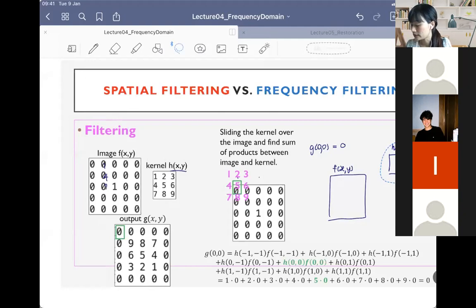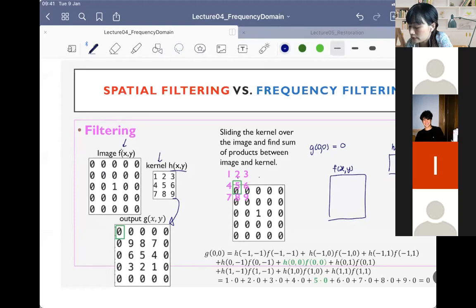And in here, if you have noticed, I have a kernel and I have an image, and I have filtered this image with the kernel. The output is shown here.